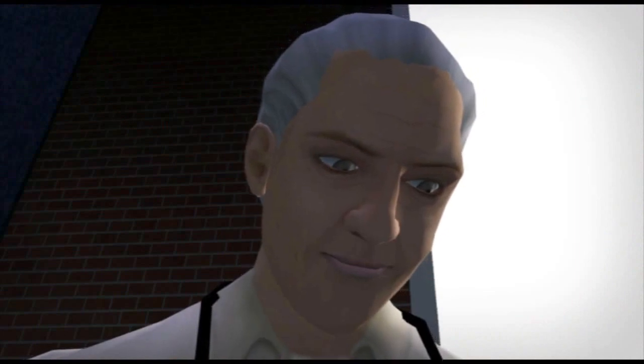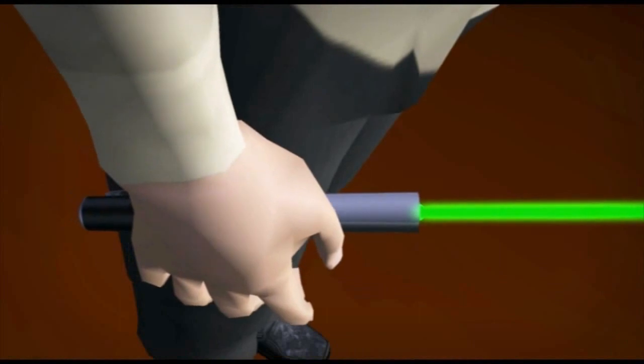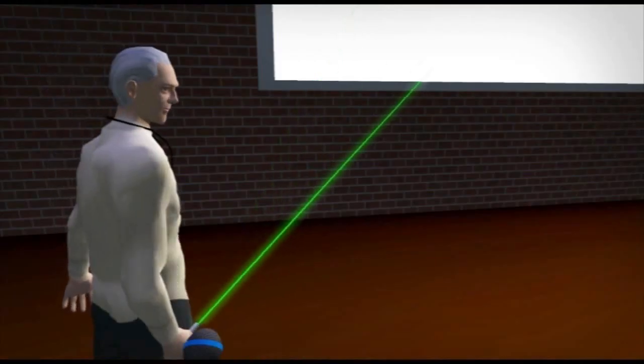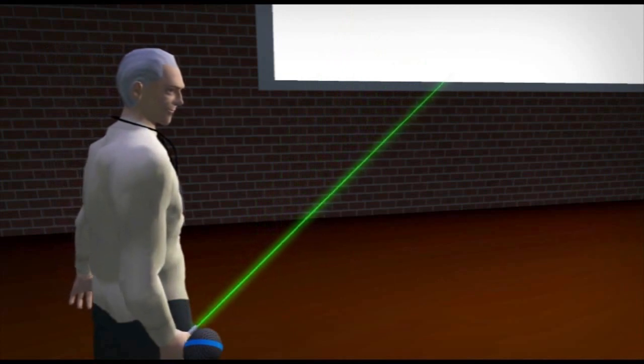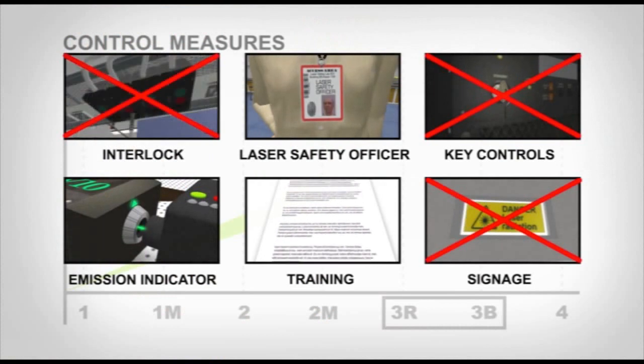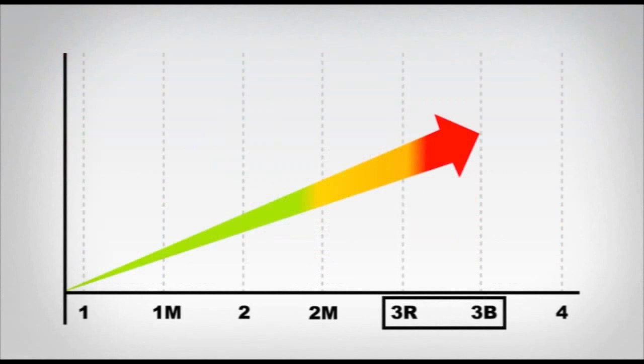Some laser pointers are 3Rs and as such are only intended for use by trained professionals. A visible Class 3R laser can be up to 5 times the optical power limit of a Class 2 laser. An invisible Class 3R laser is 5 times the power of a Class 1 laser.